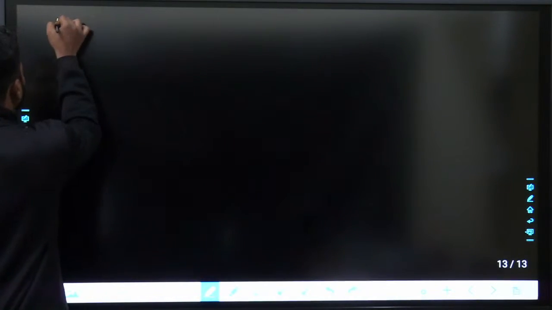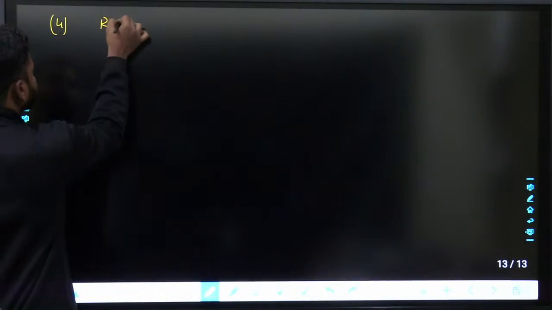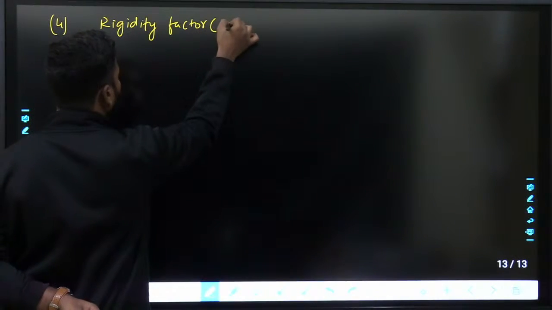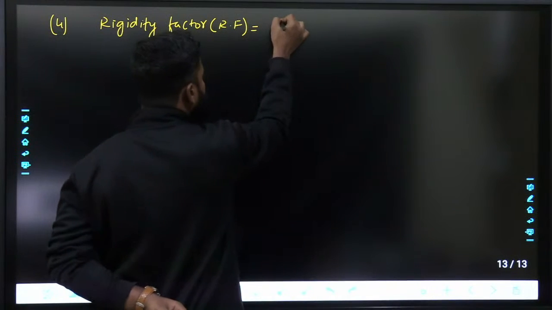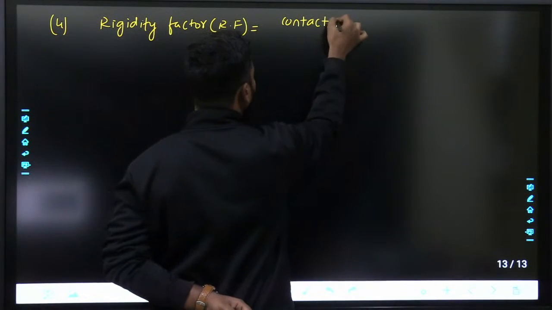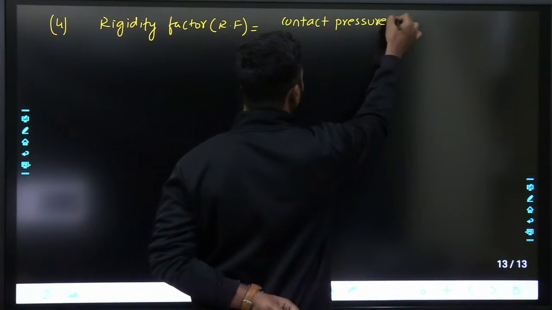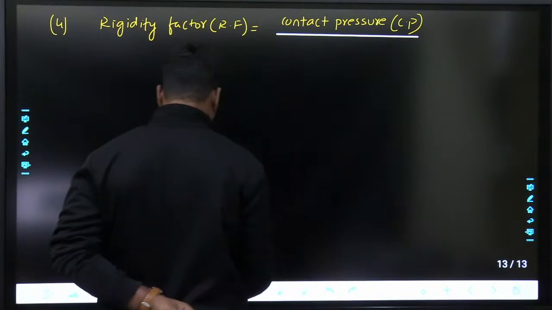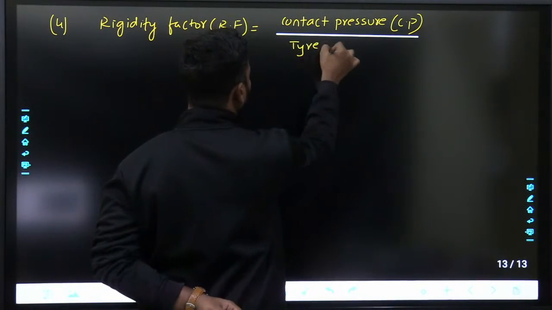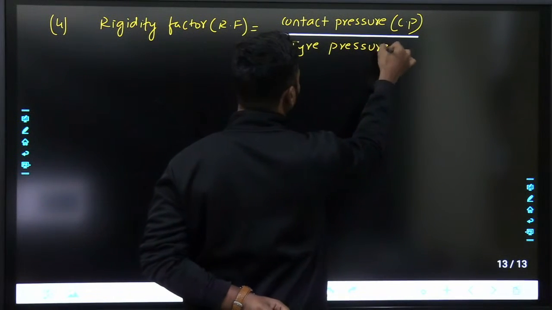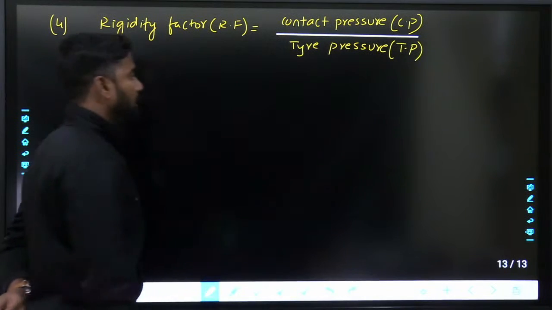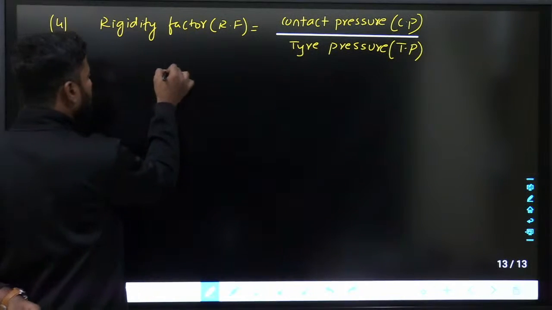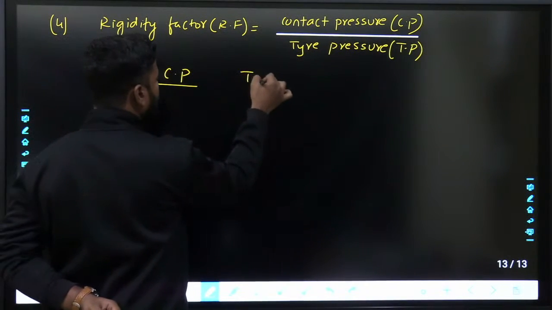Next, the fourth parameter. The fourth parameter is rigidity factor. RF equals contact pressure, CP, upon tire pressure, TP. Fine.